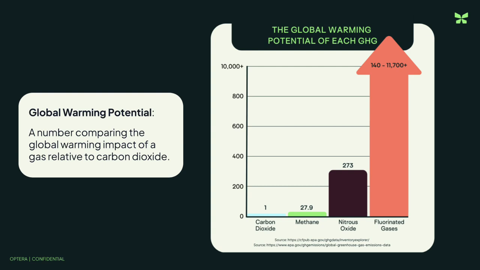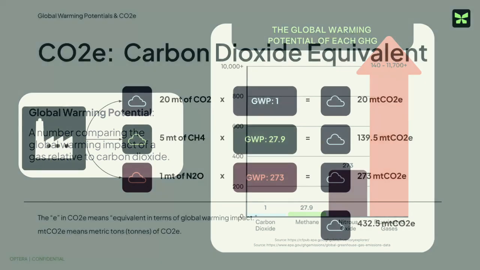If you look at the chart here, you can see that methane has a global warming potential of 27.9. That means that 1 metric ton of methane is 27.9 times more potent than 1 metric ton of carbon dioxide. And a metric ton of nitrous oxide is 273 times more potent than a metric ton of carbon dioxide. Let's see an example of how this works.